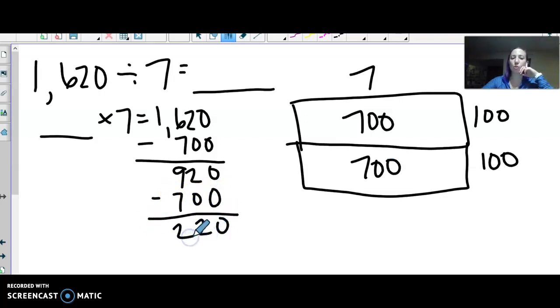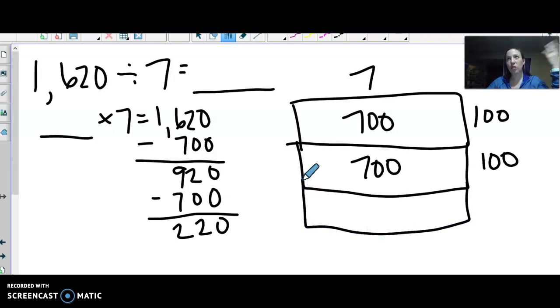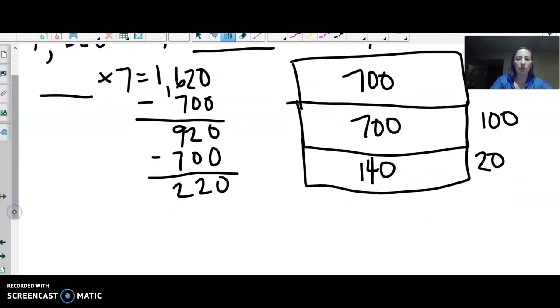All right, so I have 220 left, so I can't do another 700. This is when you have to decide, okay, do I just want to do easy, like 10 groups? I could try 20 groups. 2 times 7 is 14. Put that 0. So that's just going to be closer to 120 or 220, so I'll have less steps.